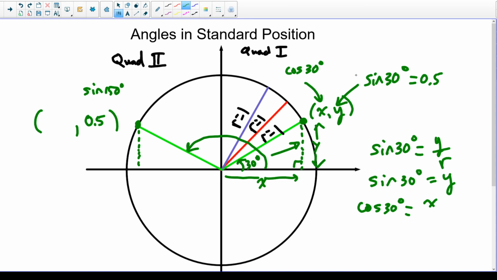Does anybody happen to know what the cosine of 30 is? Nope, it's not 1.